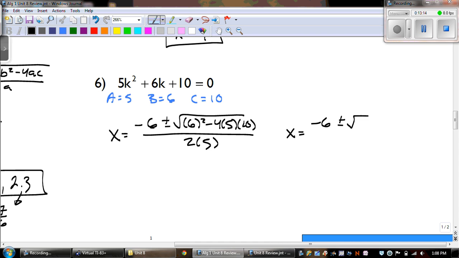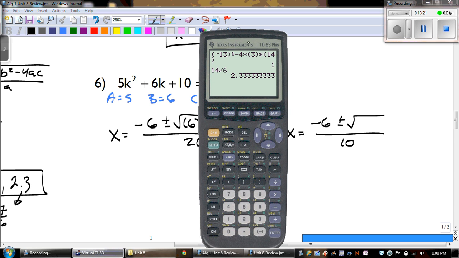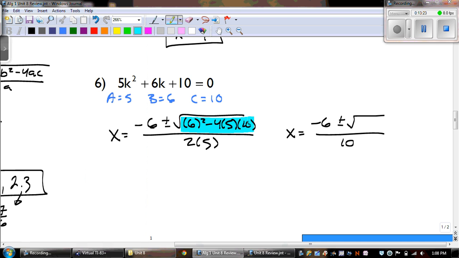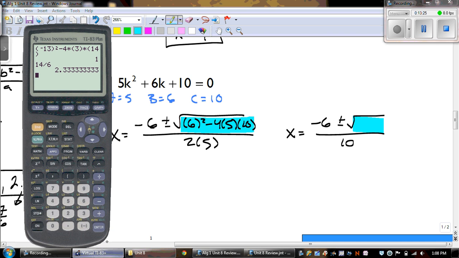Plus or minus. I know right away 2 times 5 is 10. And now we have to do the discriminant. That's the part that's underneath the square root. All right, so we have 6 squared minus 4 times 5 times 10.